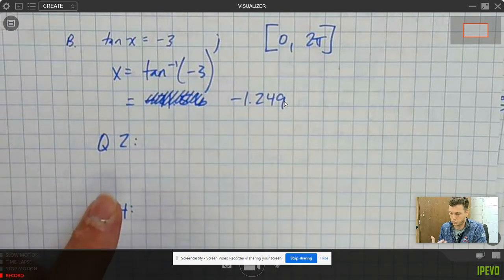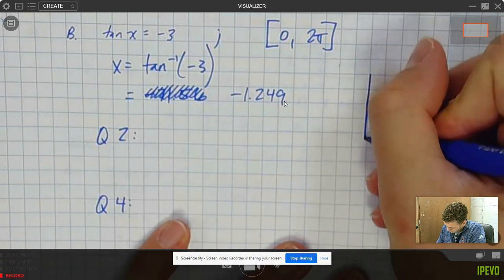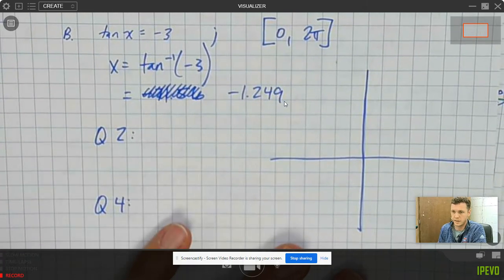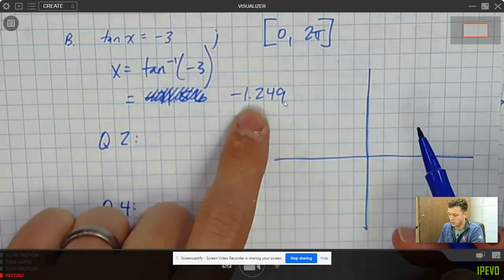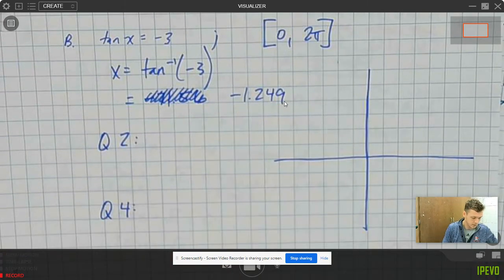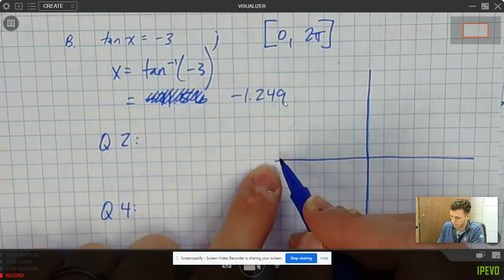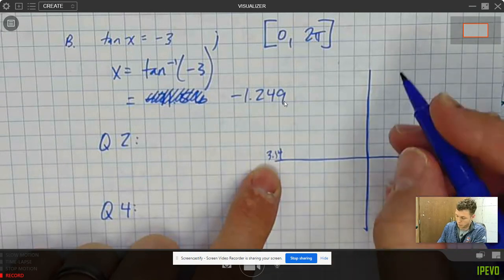If we think of it in terms, half of a pi is 1.57. Okay, so if I'm at a negative 1.249, that puts us right about right here. The reference angle here is 1.249. It's the acute angle made with the x-axis, right?